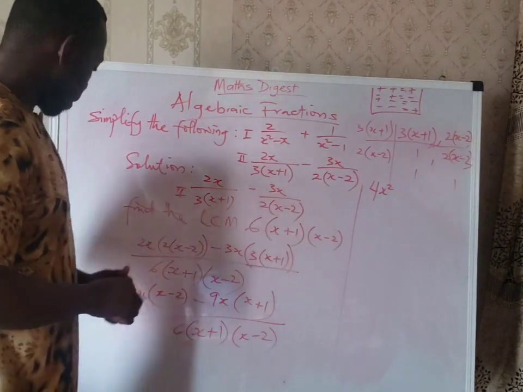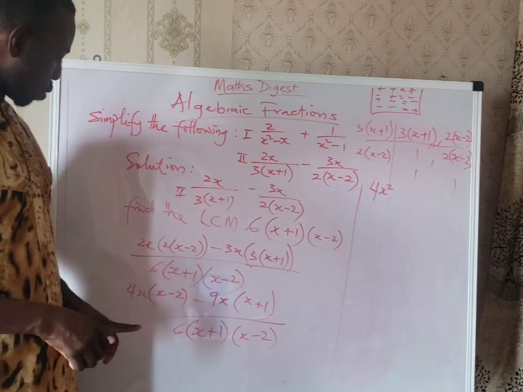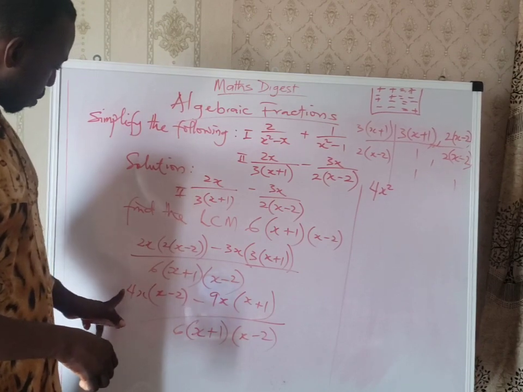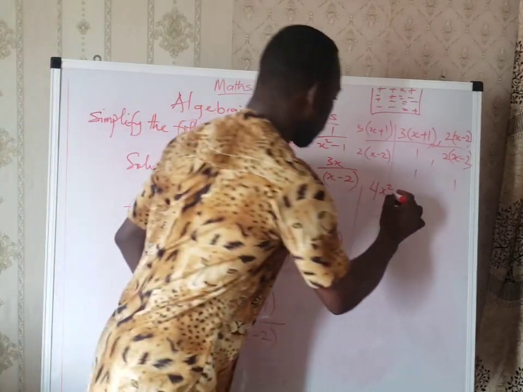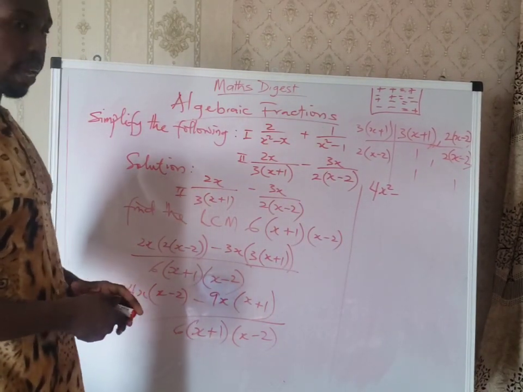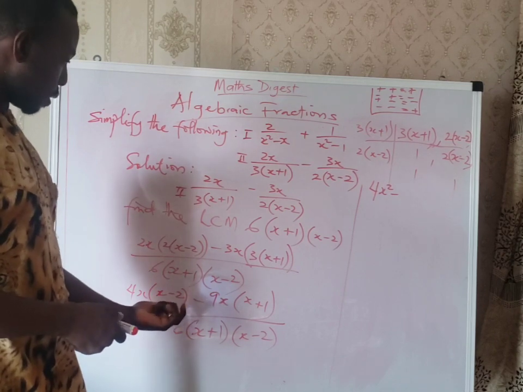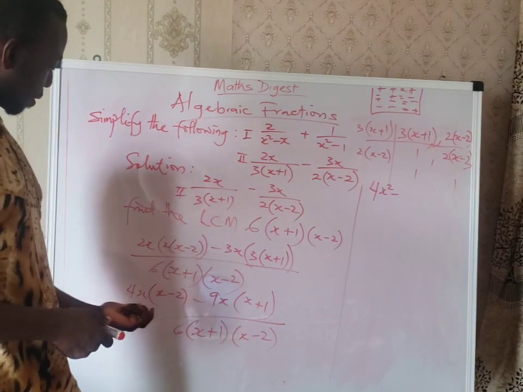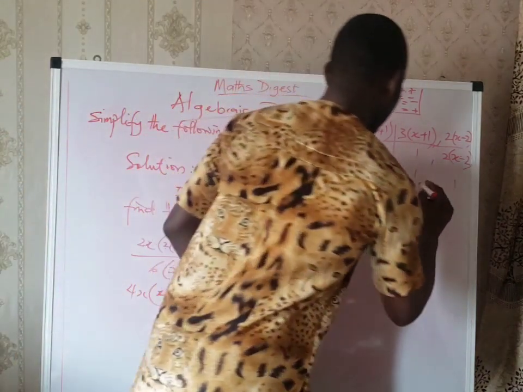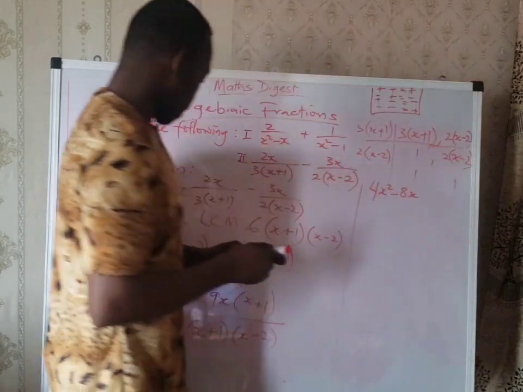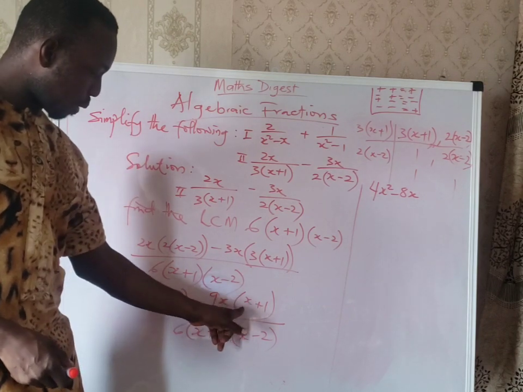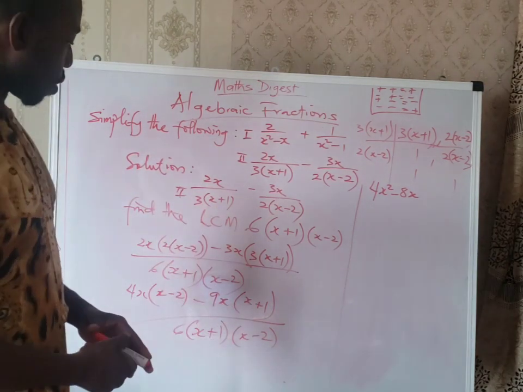Now this also we multiply by this minus 2. 4x times minus 2 will give us what? Remember, this is plus. Plus times minus will be minus. Now we come back and say this times this is 8x. 4 times 2 is 8, and this does not have an x, so we still take off the one we have, which is 8 minus 8x. Now this minus 9x, we multiply this, we have minus 9x squared.